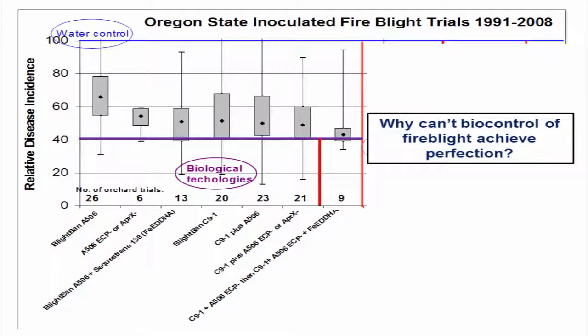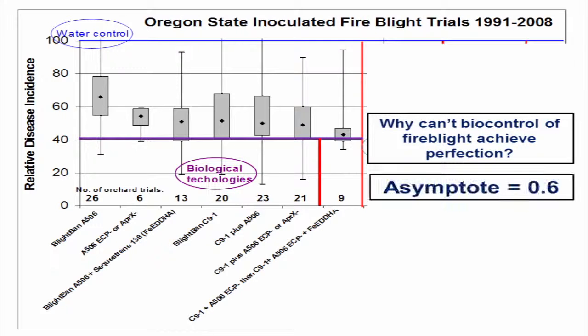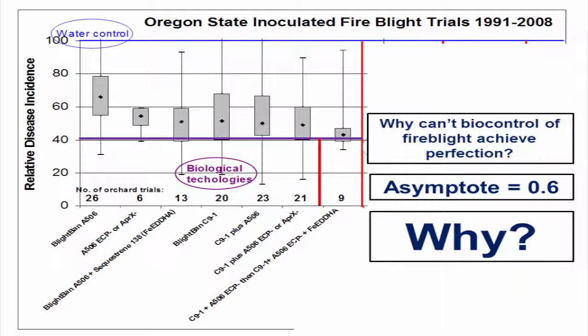So I got interested in this question: asymptote equals 0.6, 60% control is our upper limit of control, and why? That got to be something curious to me.